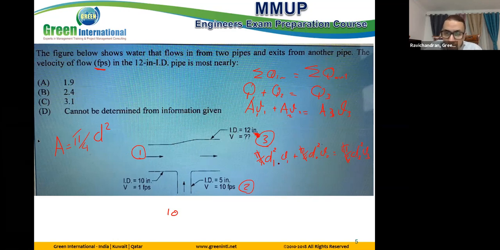So here d square, d square, d square, we have diameter in all terms. Each term has diameter, and also all is a function of inch. So if I convert this one to feet, this one to feet, this one to feet, it means you divide by the same number, divided by 12, divided by 12, divided by 12.